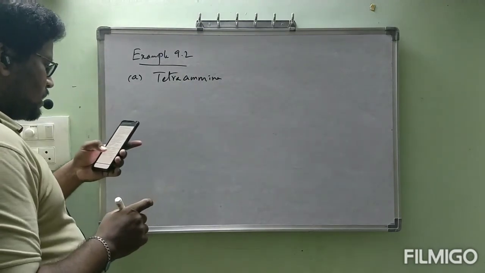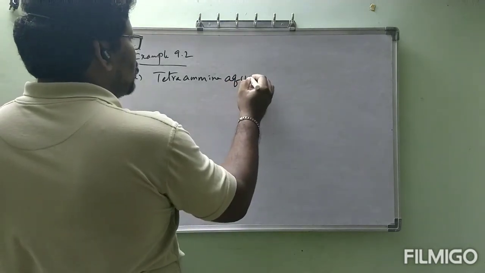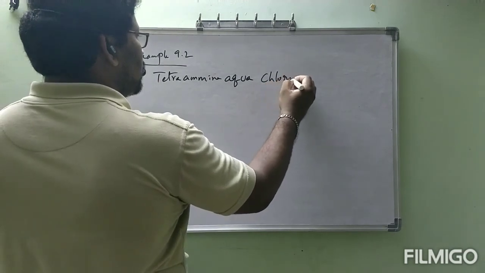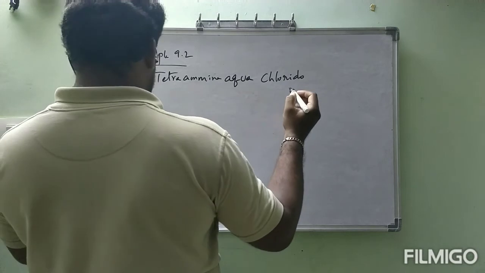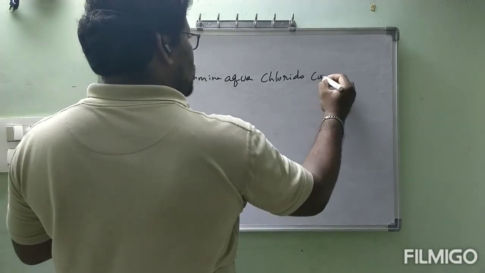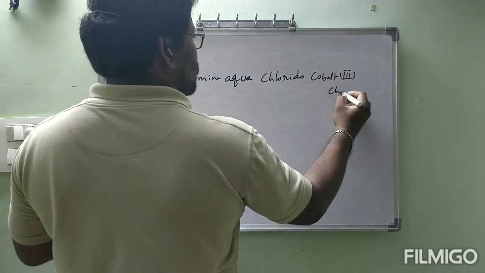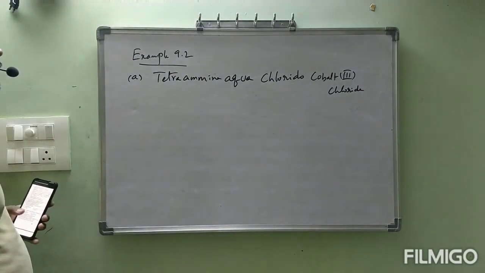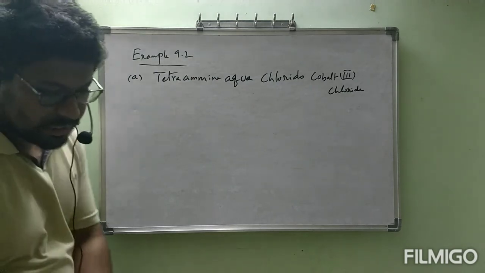Okay, now tetraammine, aqua, chlorido, cobalt(III) chloride. This is the name they gave.